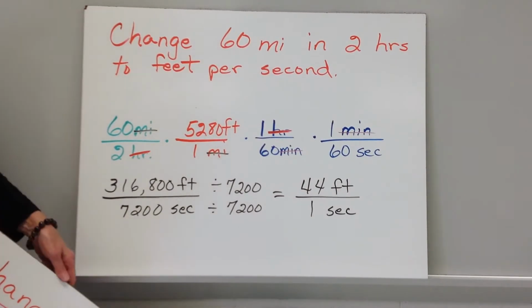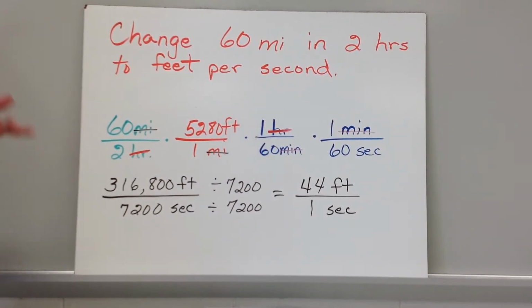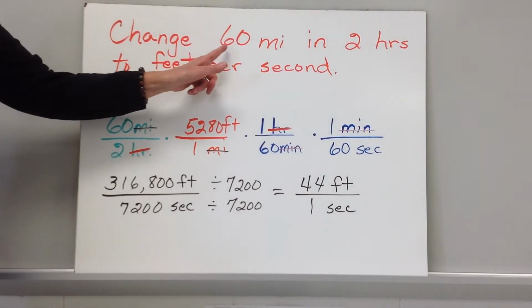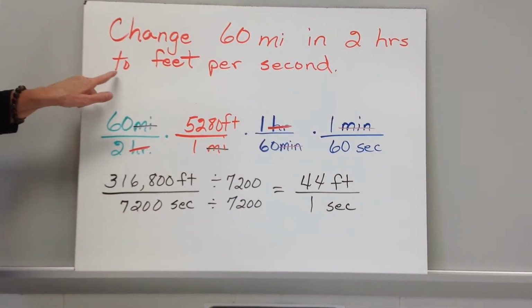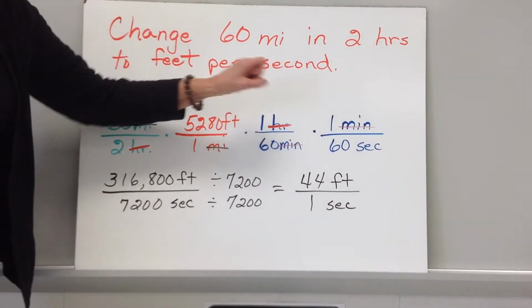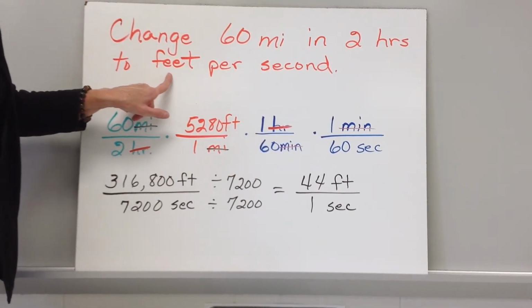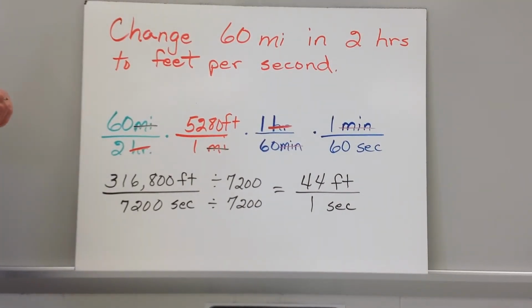Sometimes our problems are a little more difficult, and we have to change several units. For example, if your problem said change 60 miles in 2 hours to feet per second, we have to change miles to feet, and we have to change hours to seconds.